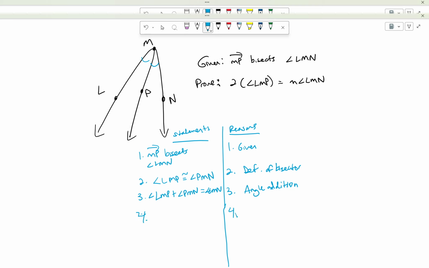Angle plus angle equals a greater angle. Then I have PMN. Remember, PMN is the same as LMP. So I can say the measurement of angle LMP plus angle LMP, and we can just use these interchangeably, because I know that this and this are the same because of statement number 2. That is angle LMN, and that is substitution.